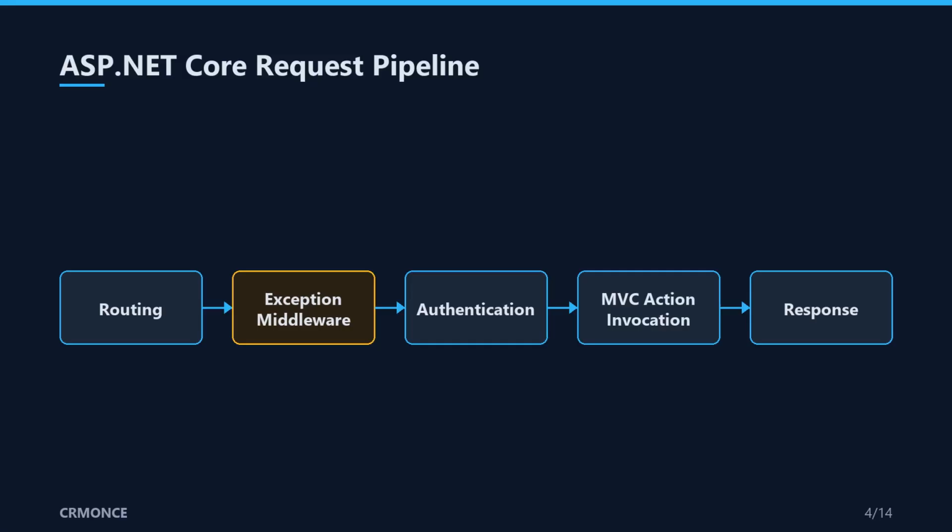Zooming into the ASP.NET Core side, let's look at where exception handling actually lives in the middleware pipeline. Requests flow left to right through routing, authentication, and eventually your controller action. If an exception is thrown anywhere downstream, it needs to be caught before it hits the response writer.